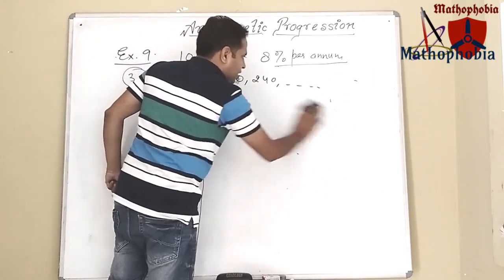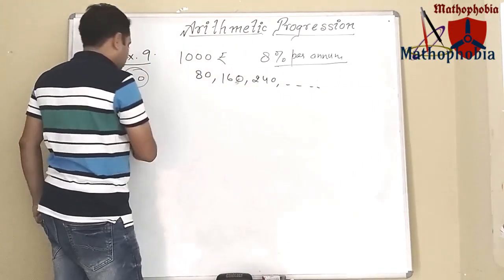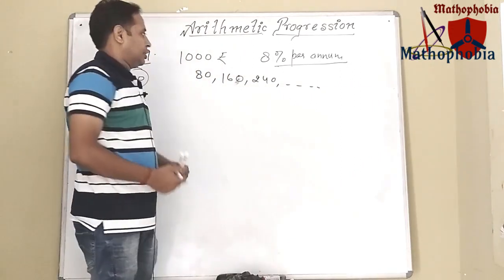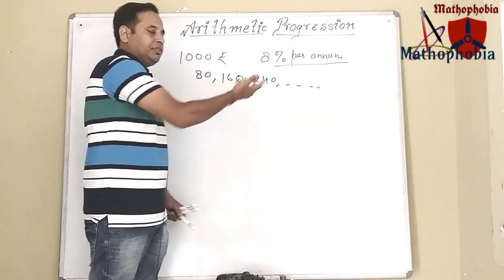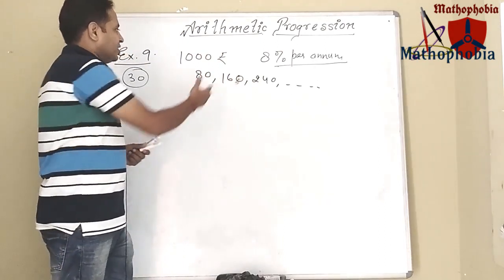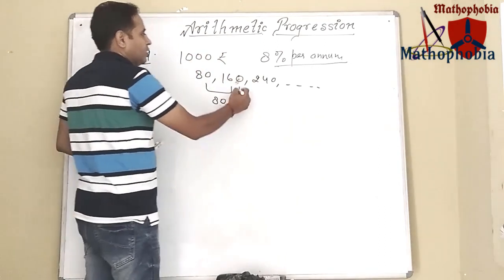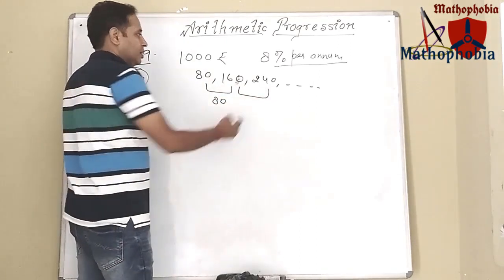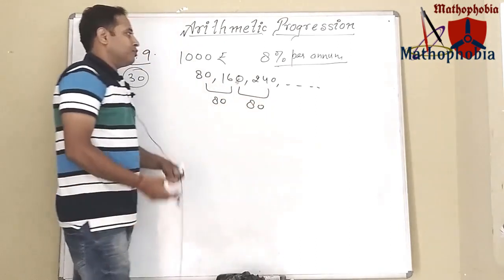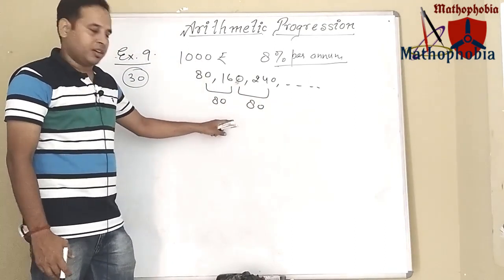It will form an AP if and only if the difference between any two consecutive terms is constant. है ना? किसी भी दो consecutive terms का अगर difference constant है, then it forms an AP. So let's see. 160 minus 80. How much you'll get? 80. 240 minus 160. Again 80. Therefore, the simple interest forms an arithmetic progression.